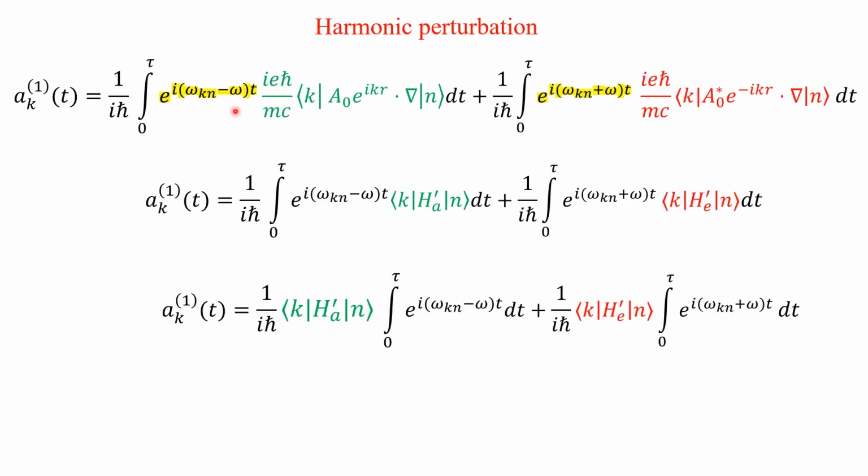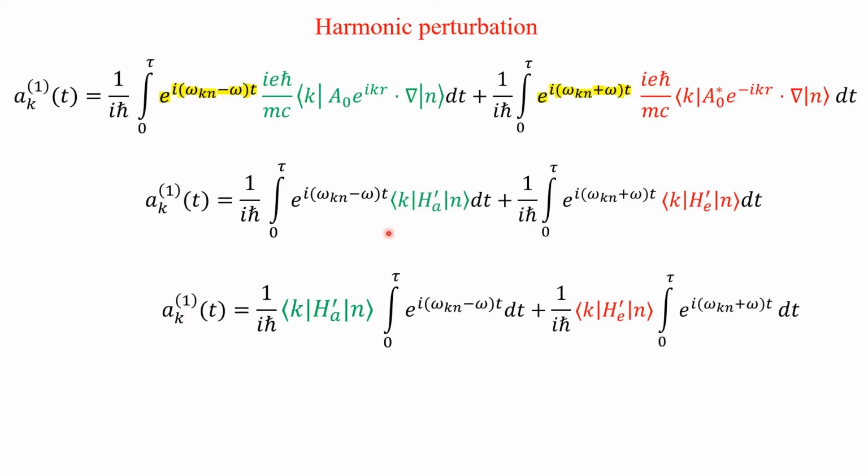Here you should remember that we have taken the time dependent component outside. That is e power plus or minus omega t, only the time dependent component that we have taken out. So this one will be the time independent component.